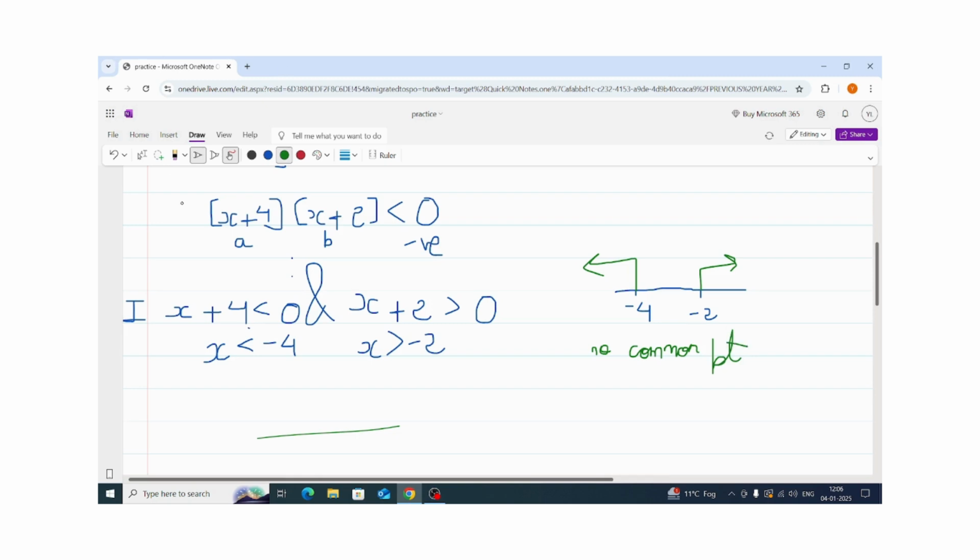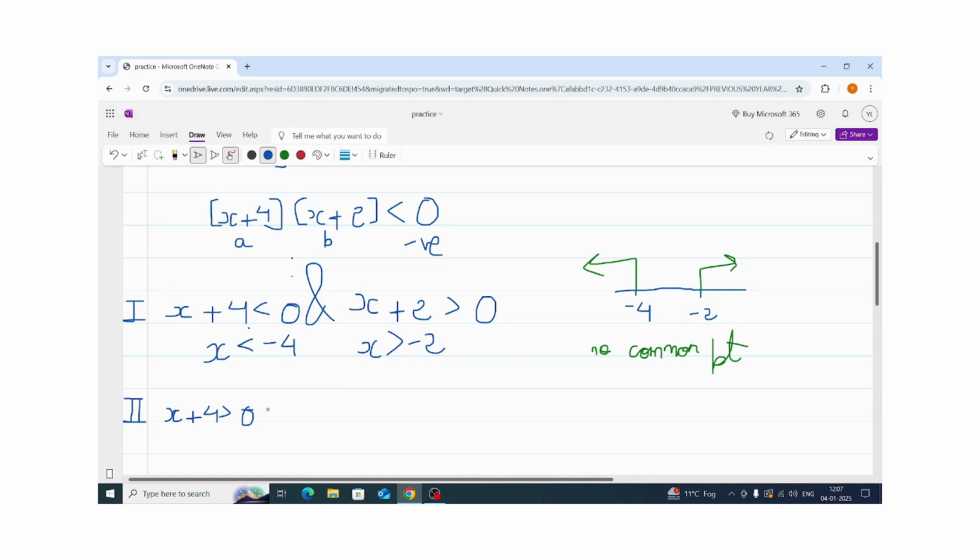Let's go ahead with the next case. So here we assumed x plus 4 to be less than 0. And in the next case, I'm going to assume x plus 4 to be greater than 0. Second case is that x plus 4 is greater than 0.